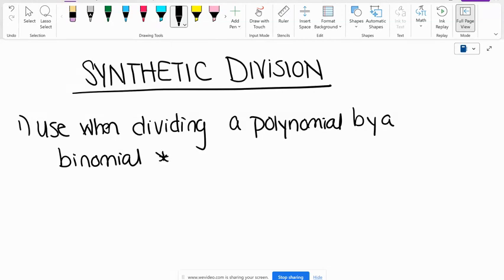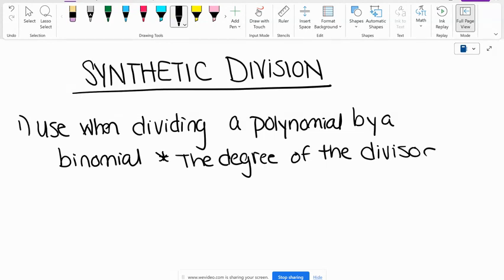And I'm going to put a big star here: the degree of the divisor must be 1.